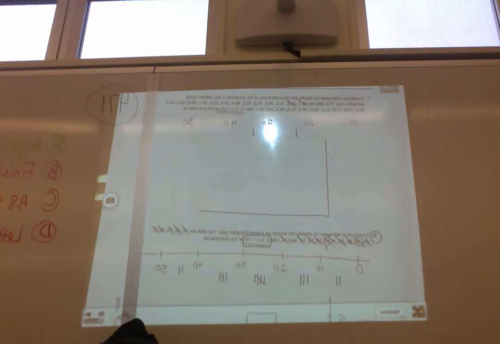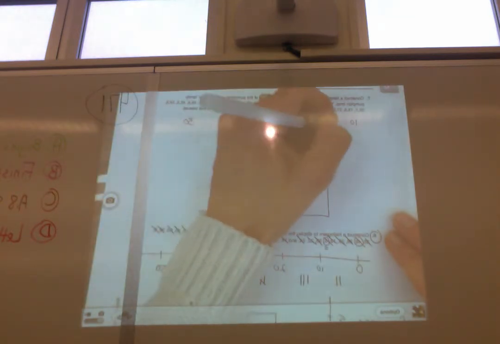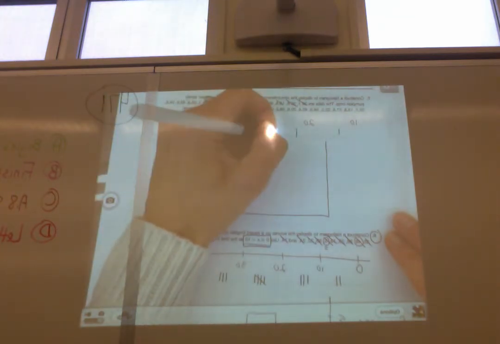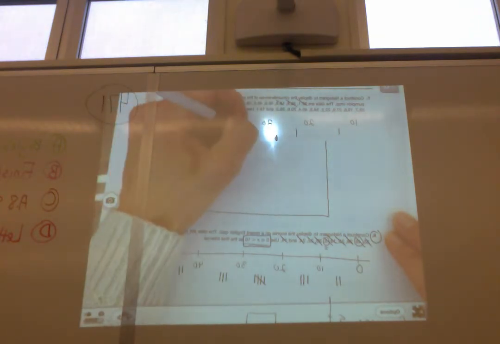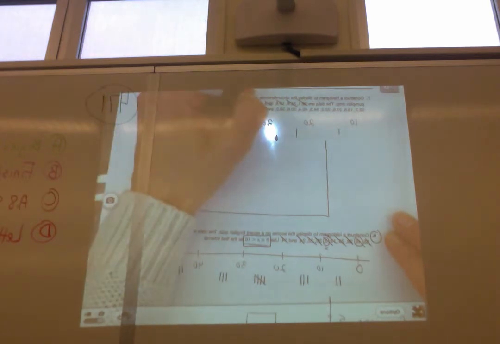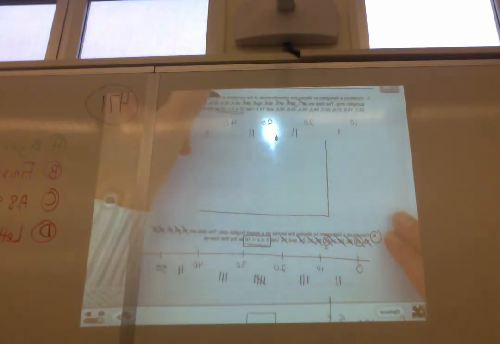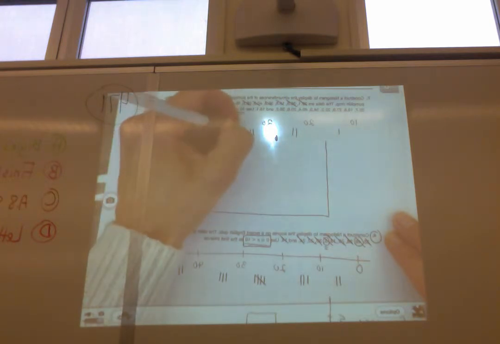Come on, tally, tally. Count them. Some of you don't know how to tally. Every fifth one you put sideways, it's easier to count after. What would you count up? I got it right.